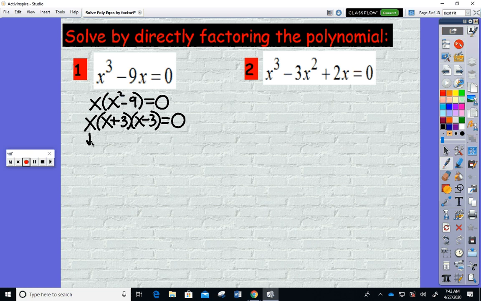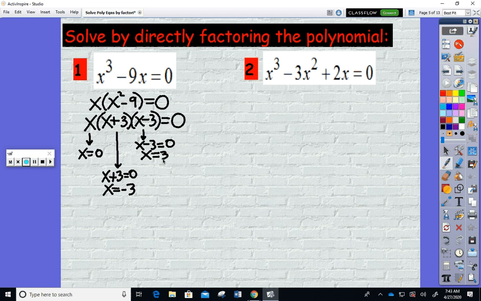So x, you just set equal to 0. X plus 3, remember you can set it equal to 0 and then solve, but it's also completely reasonable to go straight to x equals -3. Ditto, on the x minus 3 factor, you can show that you're setting the whole factor equal to 0 and then solve, but most people just go straight to x equals 3.